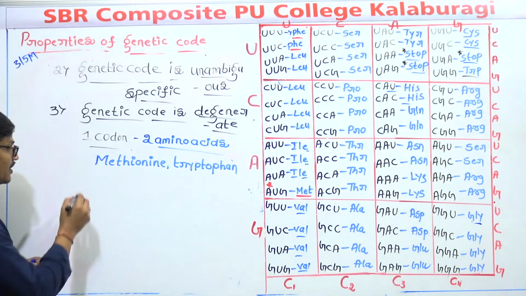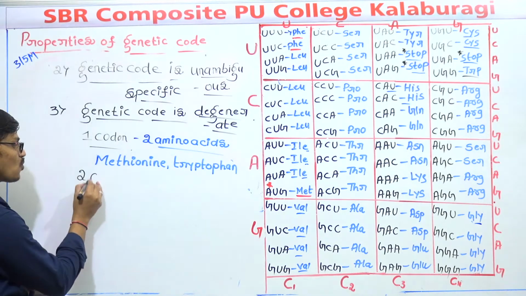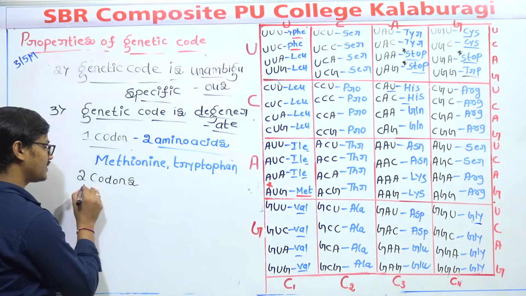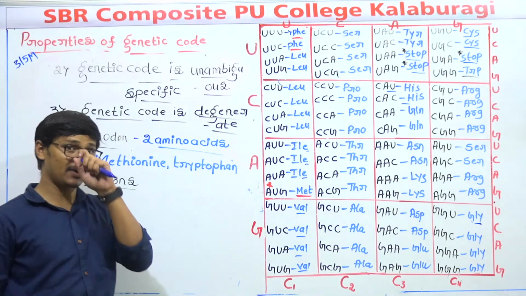Now there are some amino acids, they are having two codons. What are the amino acids?